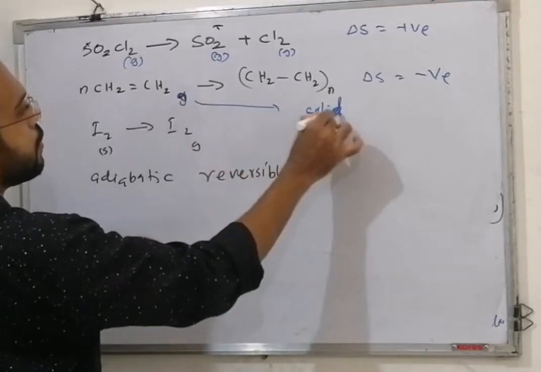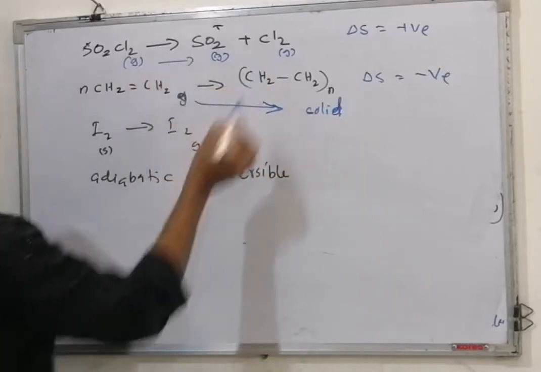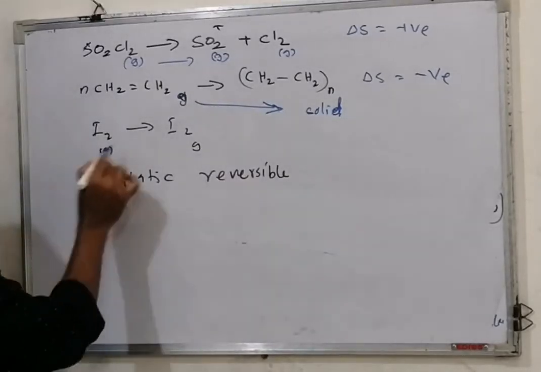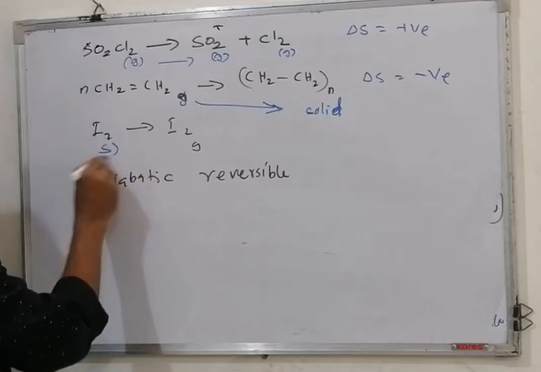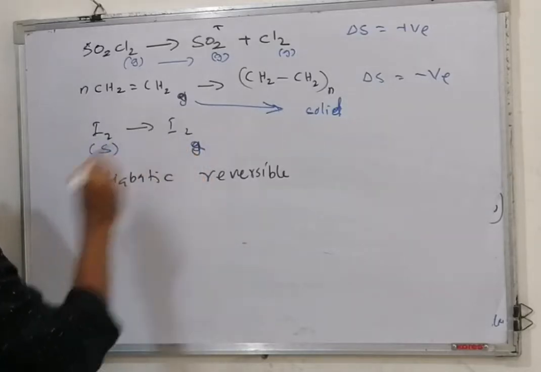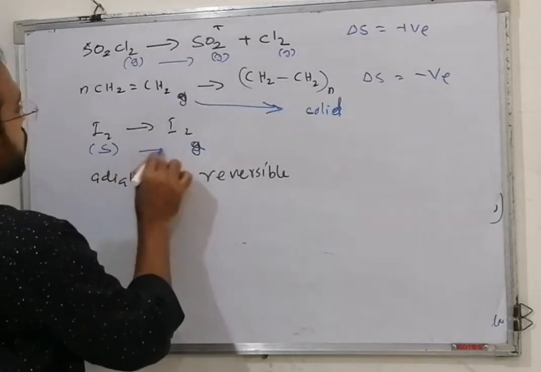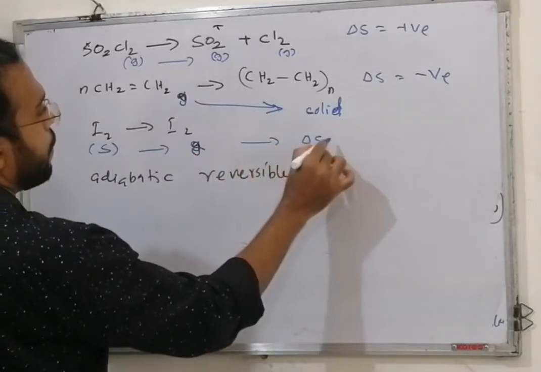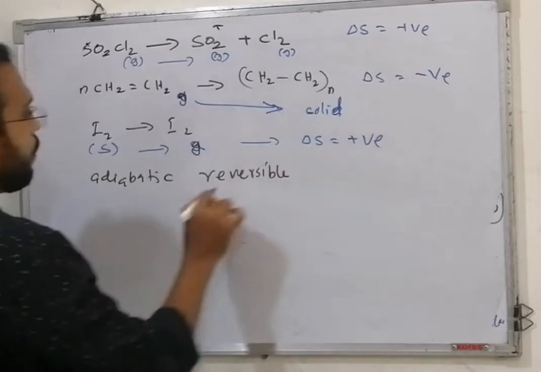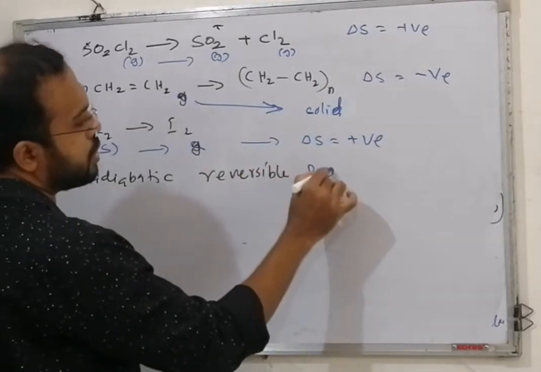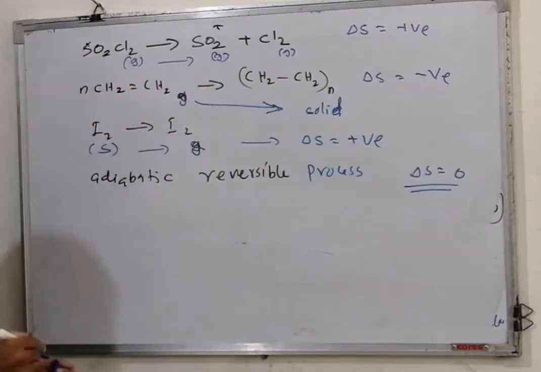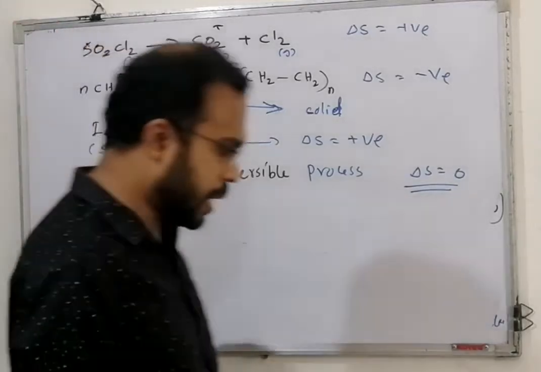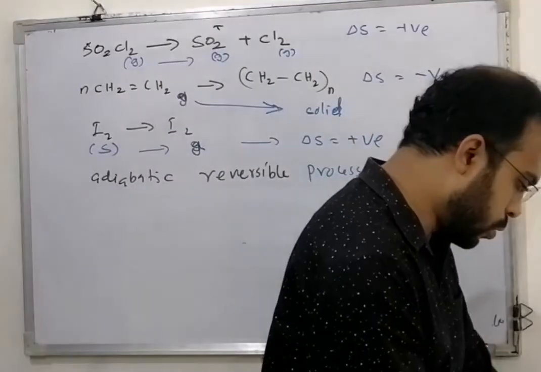Here iodine, this is solid iodine, this is gaseous iodine. Therefore solid to gas, delta S positive. Here reversible adiabatic process. For adiabatic process, delta S is equal to 0. You can match it very simply. Now you can go to next question.